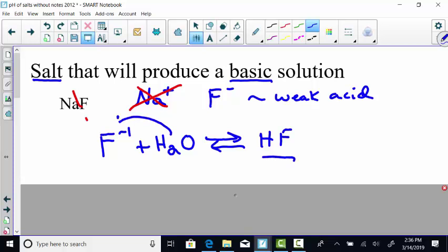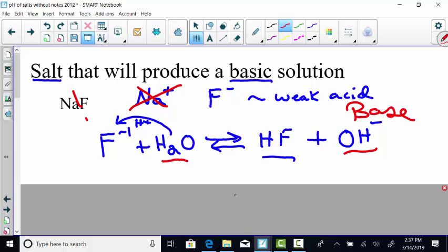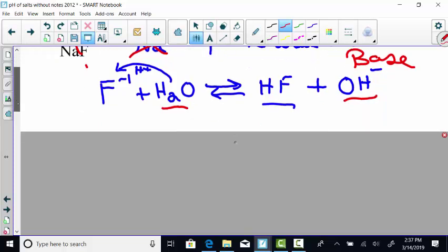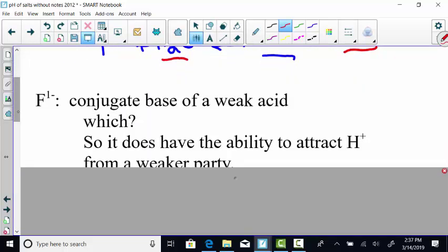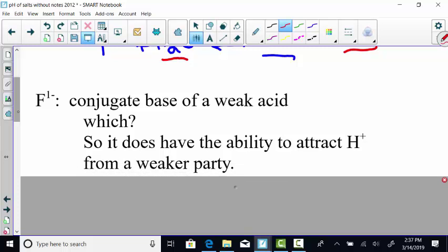So it's going to take a hydrogen from the water molecule. Well, when it does that, what it leaves you with is OH minus. Okay? This water changed to an OH minus. Well, that's a base. Okay? So F minus is essentially a conjugate of a weak acid.